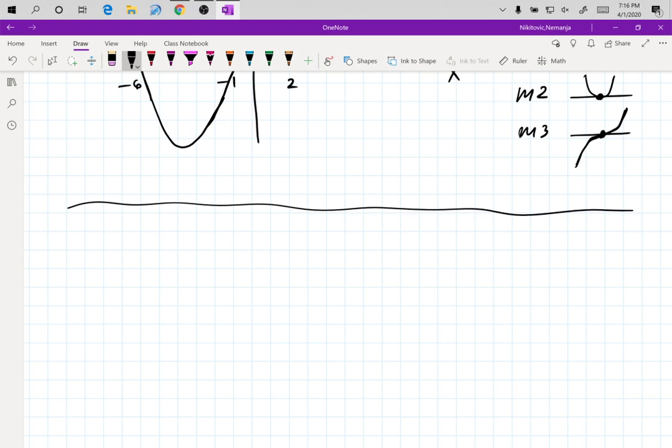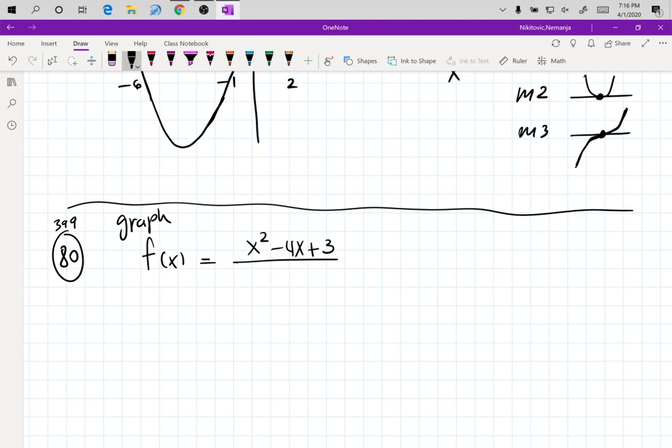All right, let's take a look at one of these problems. So I am looking at problem 80 on page 399, and it says graph f of x equals x squared minus 4x plus 3 divided by x plus 1 squared.